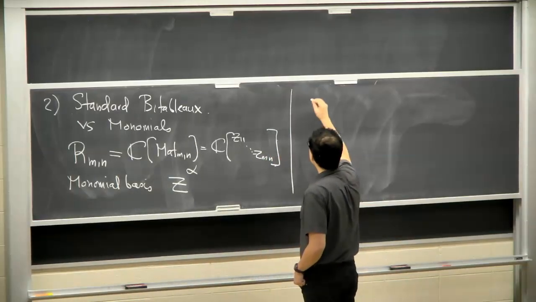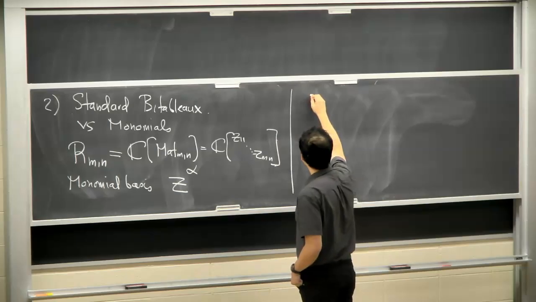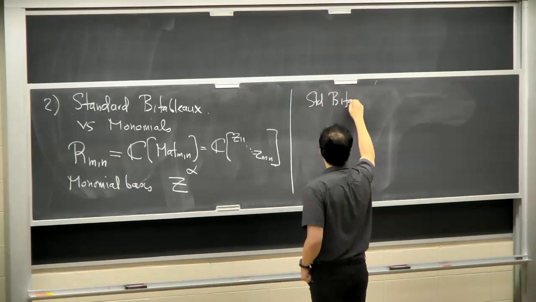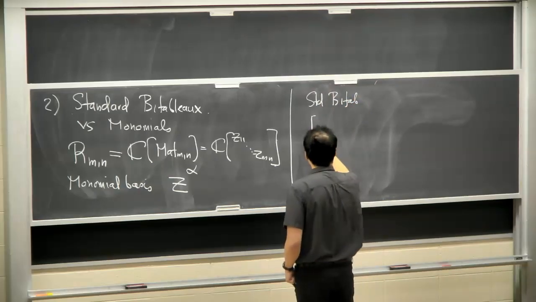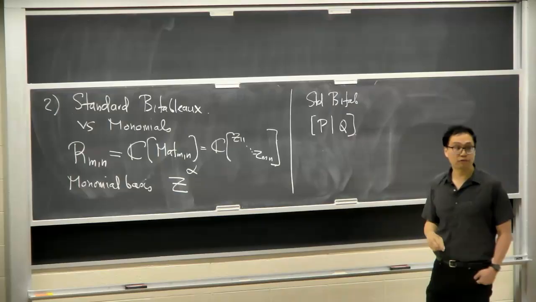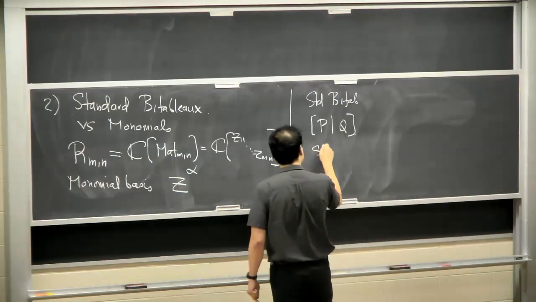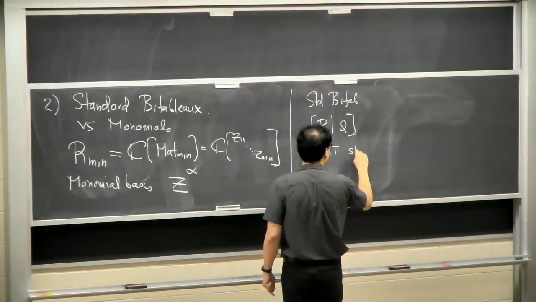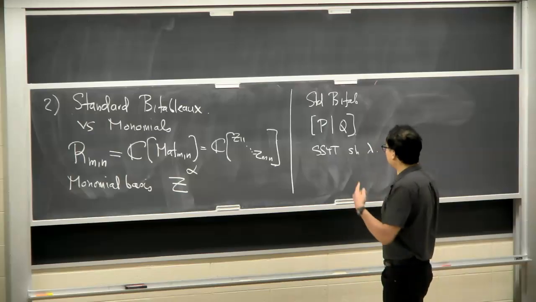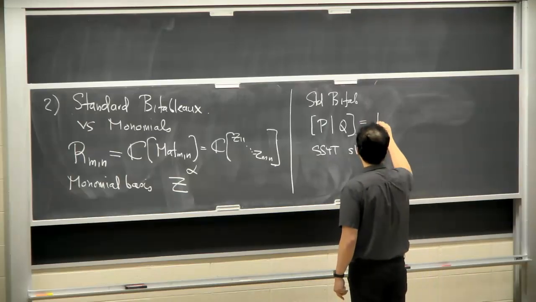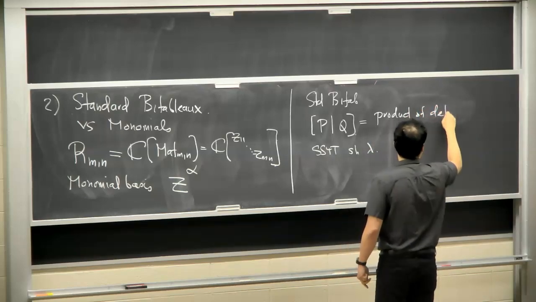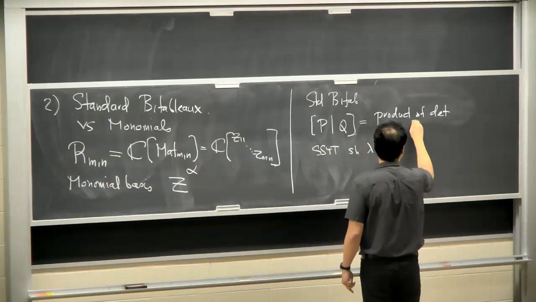The second one is the standard bitableau basis. I will just give you a notation at the moment. I have 2 semi-standard Young tableaux of shape lambda, and this is going to correspond to a product of determinants, 1 for each column.